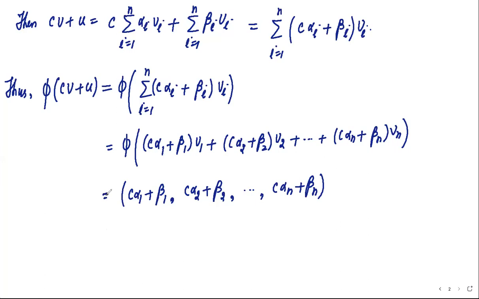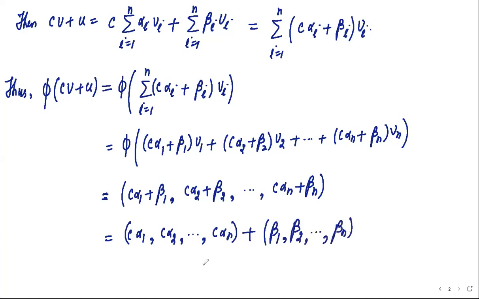Now, using the properties of this coordinate vector, we can write this as (C alpha 1, C alpha 2, ..., C alpha n) plus (beta 1, beta 2, ..., beta n).